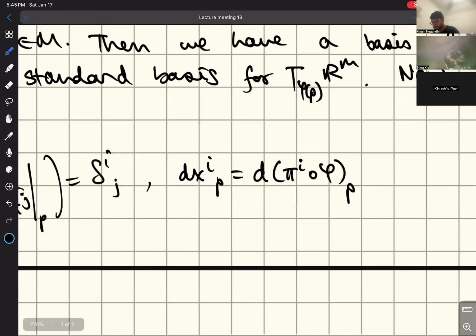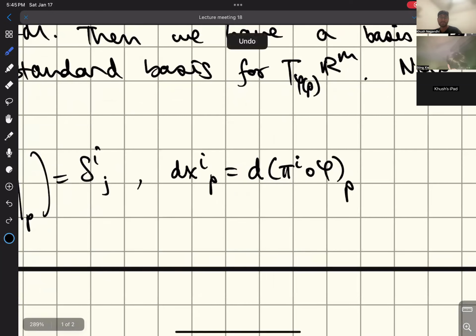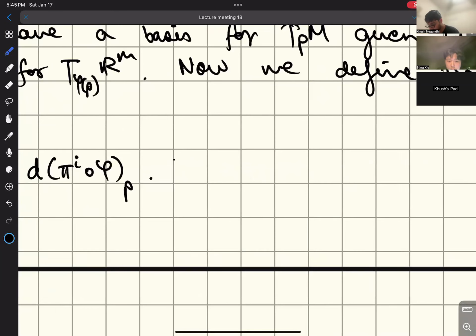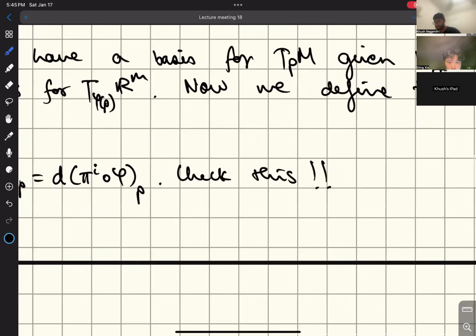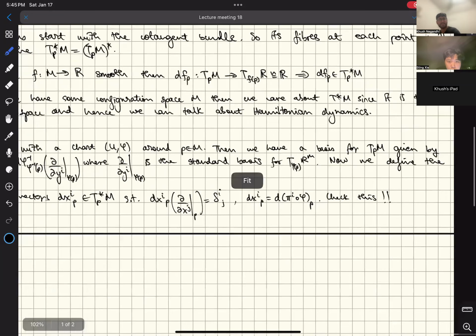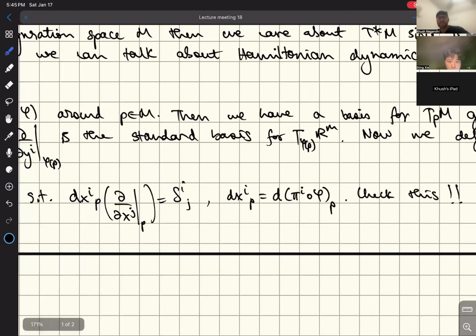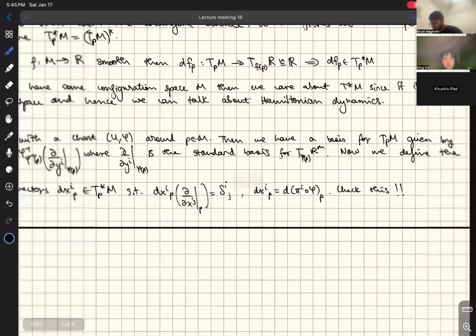And dx_i is just the differential of this map. This is an exercise, so check this. It is enough to show that it holds on the basis. If you can show it on the basis, you've shown it everywhere.